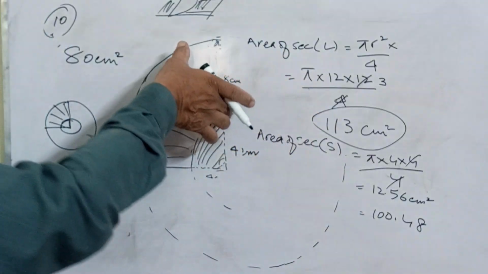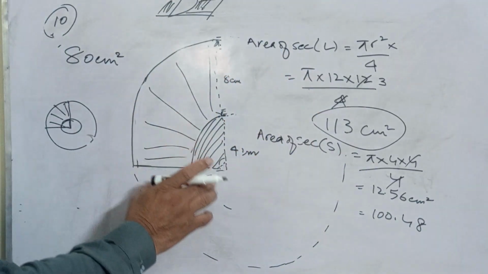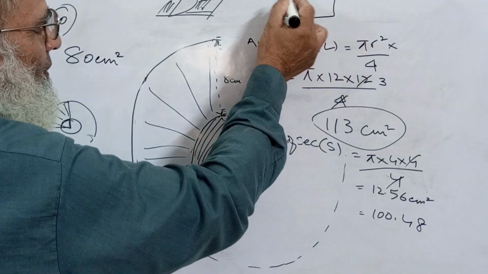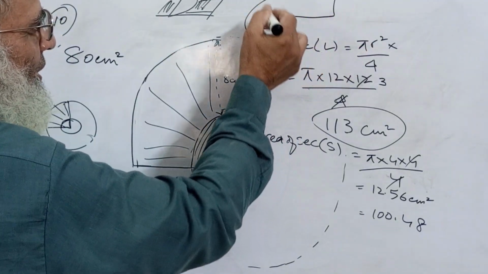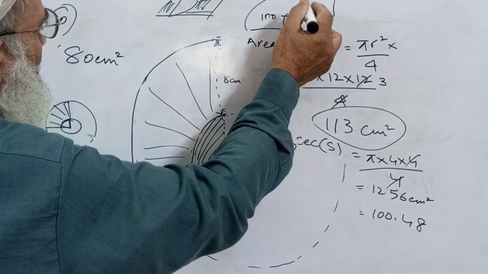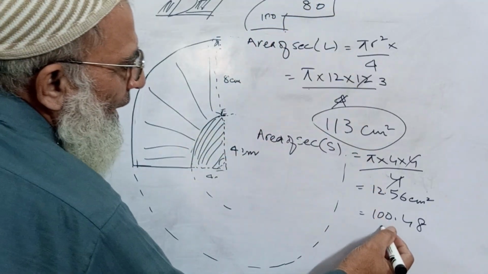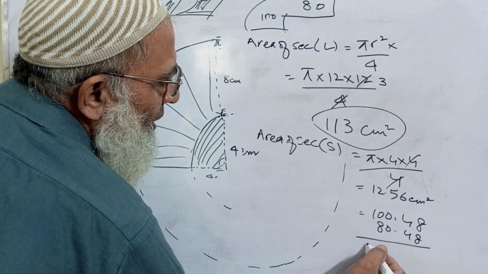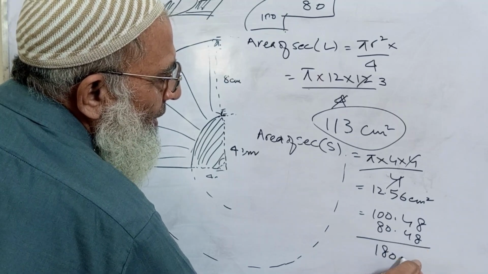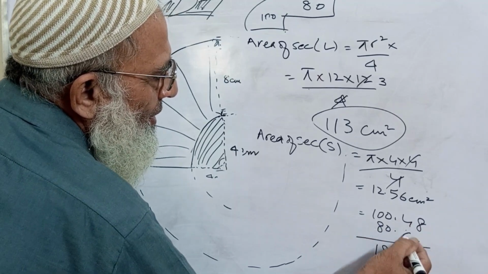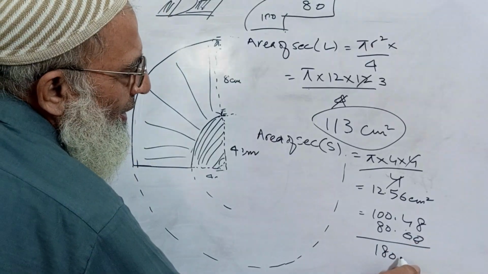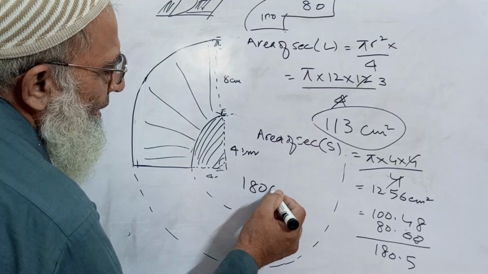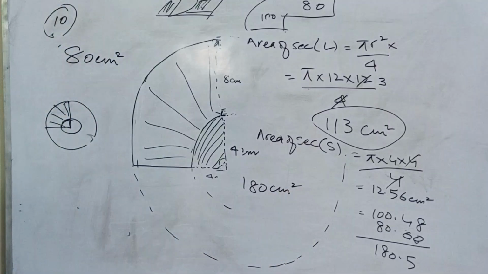The area of this part is 100 and the area of the rectangular part is 80. So add this 80, and this will become 180 centimeter square.